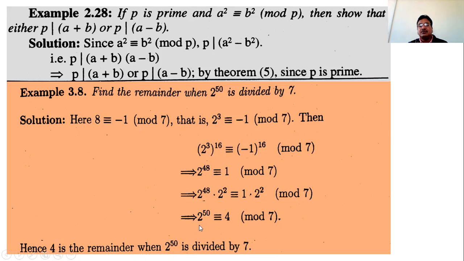That is, if you subtract 4 from 2 raised to 50, then it is divisible. And so 4 is the remainder when 2 raised to 50 is divided by 7.